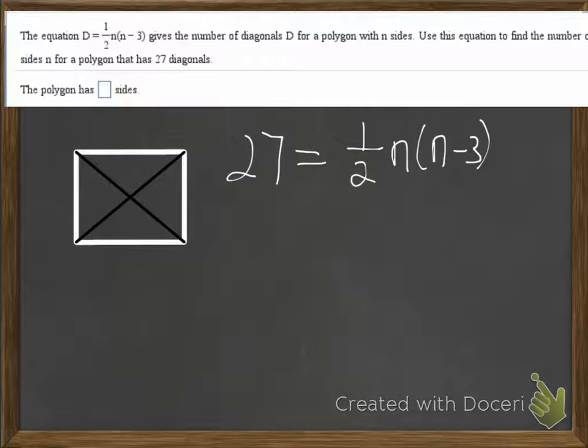So we have an equation here, but the darn equation has a fraction in it. And when I run into equations with fractions, I want to get rid of them. So I'm going to do that by multiplying through by my common denominator. In this case I have only the one fraction, so I'm going to multiply both sides by 2.